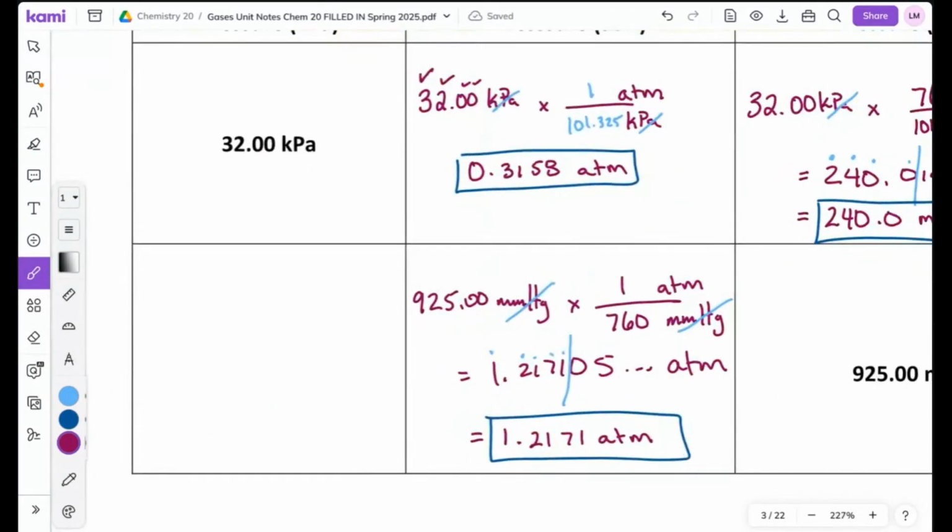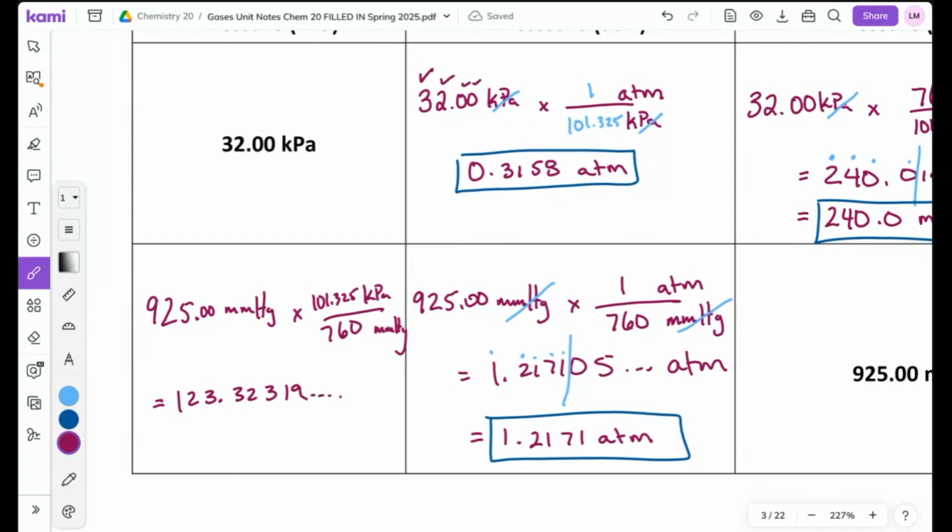Moving on to converting from millimeters of mercury to kilopascals. So 101.325 divided by 760. What I'm doing is 925 times 101.325 divided by 760. And I get 123.32319.